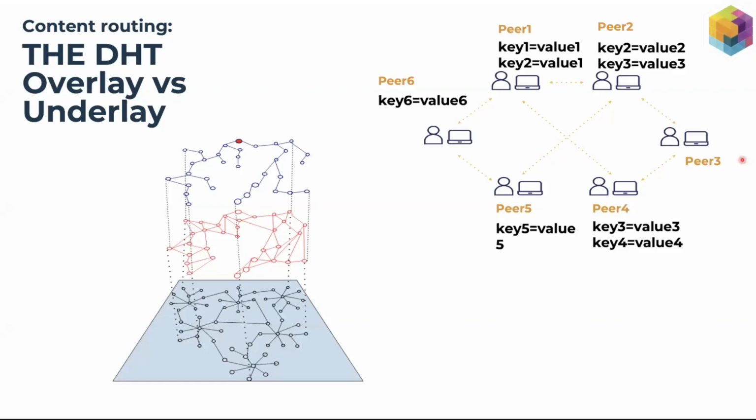Finally, to conclude with the DHT, it's an overlay network, and one of the issues we're looking at is how to make it more efficient. A DHT is an overlay, and as an overlay it's always going to be suboptimal because one node in the overlay can be many nodes in the underlay.